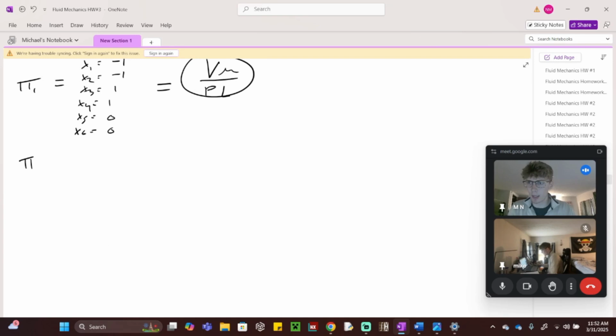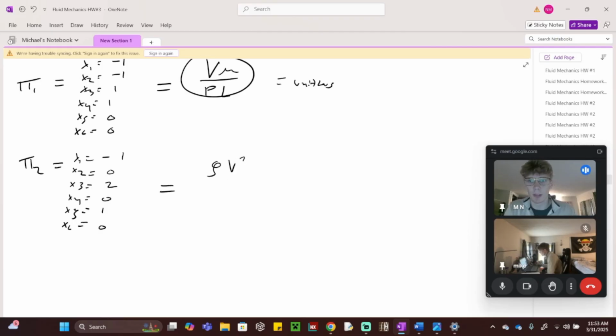And let's see, pi 2 is going to be equal to, let's write out all these x's again. And remember, this is unitless. Zero, 2, 0, 1, 0, which is rho v squared over L, which is also unitless.